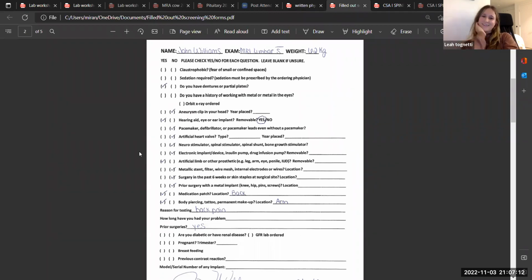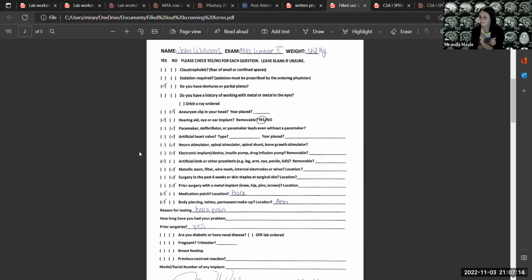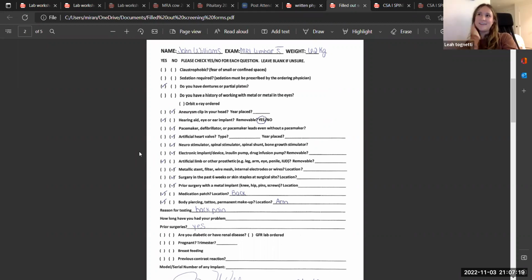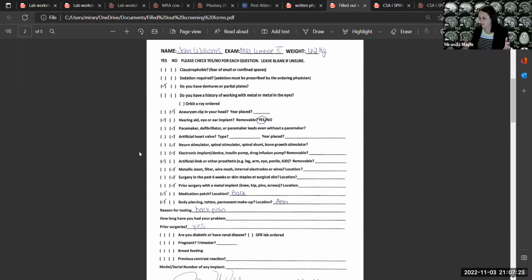I'm backwards. Okay, if it's clear, you could leave it on, and if it's not clear, you have to take it off. Because if it's clear, you can see if it doesn't have the metal in it. All the clear ones, none of them have metal in it. The ones that you can't see through have that little piece of foil in them, and that's what can heat up and cause a burn.